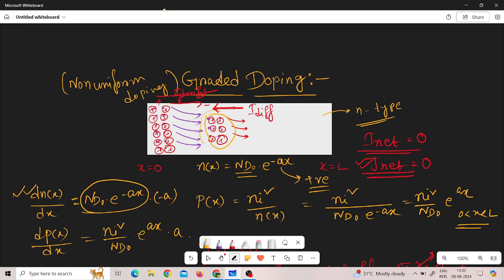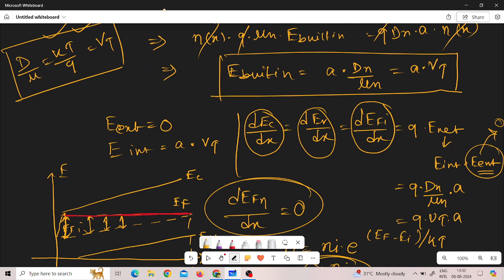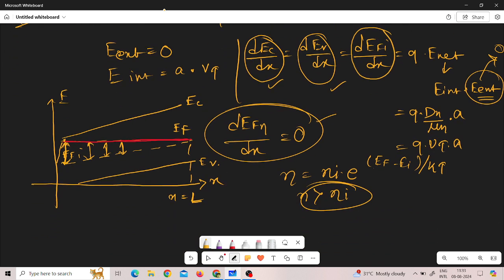Then we calculated the built-in potential from the relation, and we found that there will be bending in the valence band, conduction band and the intrinsic Fermi level, but there will be no bending in the extrinsic Fermi level because no external voltage source or energy source is applied. I hope you understood this topic. So thank you.